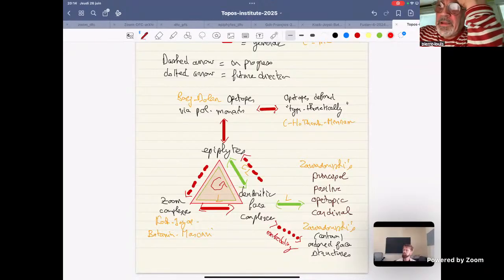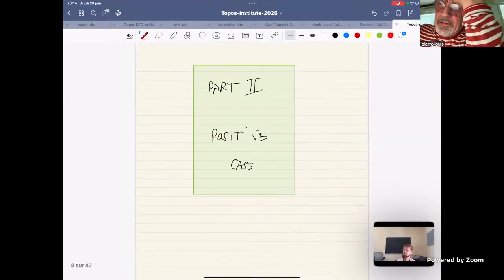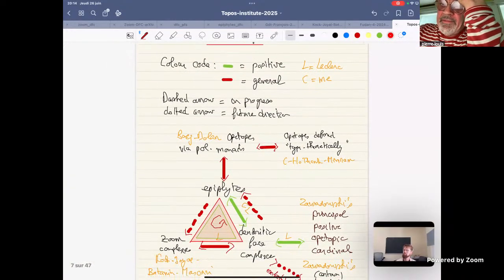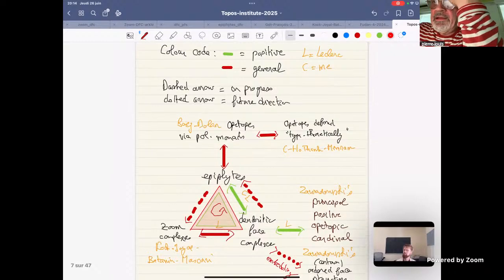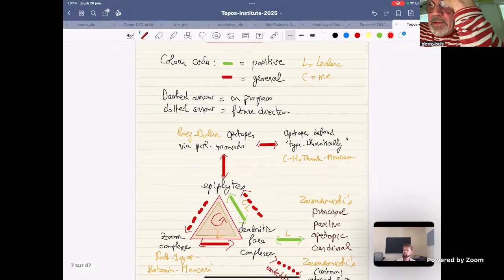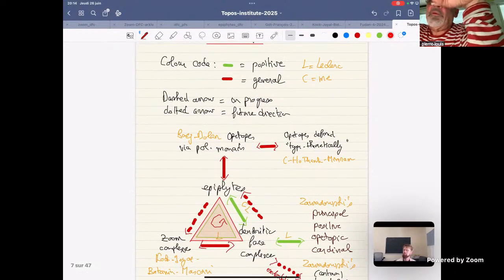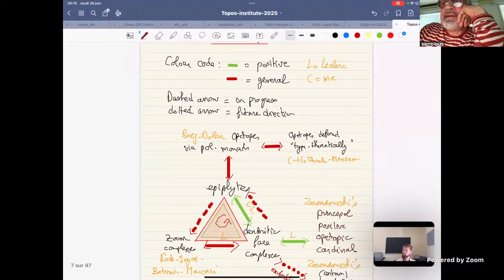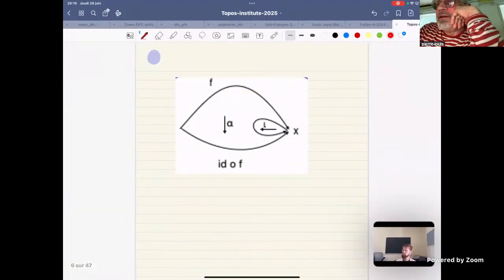Okay. So now let's start. The last thing I want to say is that there are 2 versions, an easy one and a more difficult one. The relatively easy one is the positive case, where we do not accept diagrams like this, okay?